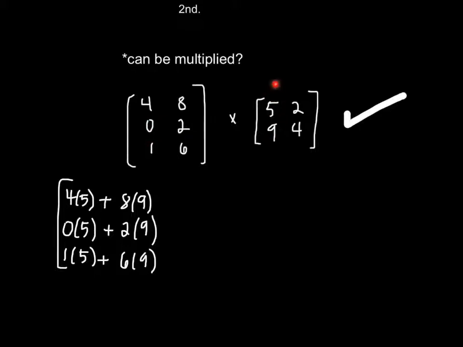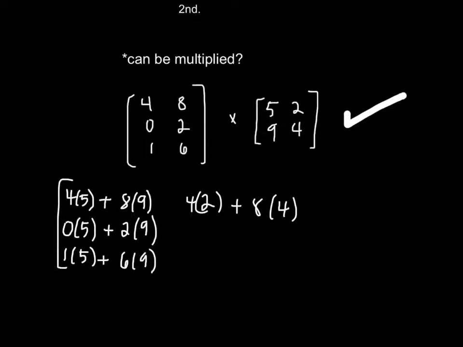So we've just dealt with the first column here, so now we're going to move on to 4 times 2 plus 8 times 4, because remember we're moving in columns, that was my mistake.